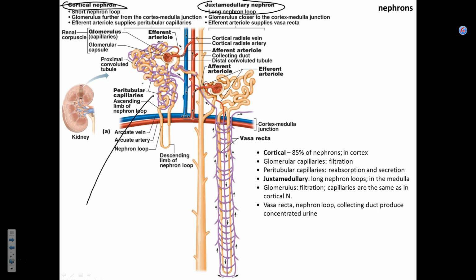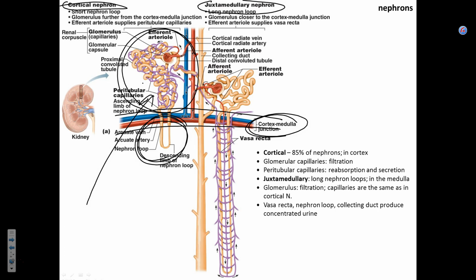Cortical nephron is located mainly in the cortex, and only rather small nephron loop is embedded in the medullary layer. This veins and arteries, arcuate vein and arcuate artery, they mark the junction between the cortex and medulla. Can you see that? Can you see that only nephron loop is in the medulla, the rest of the nephron is in cortex? Make sense?